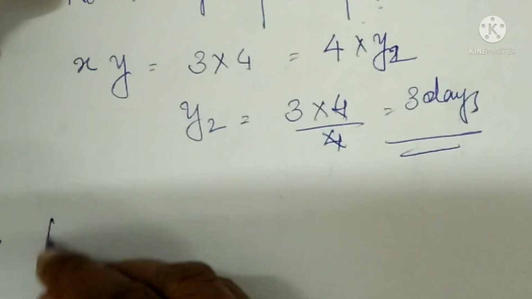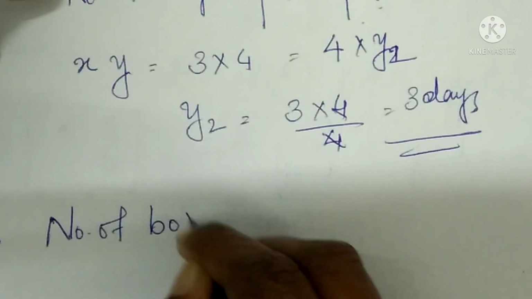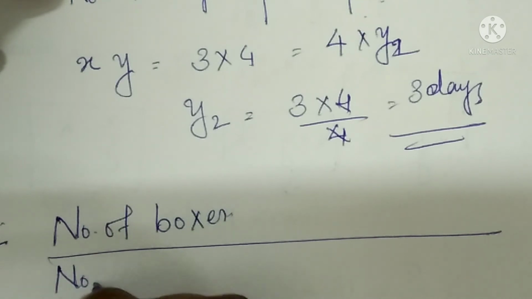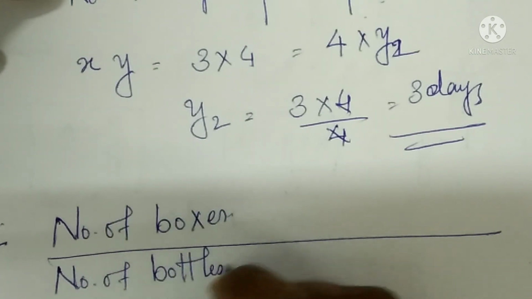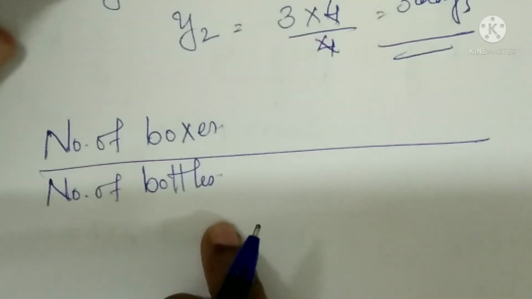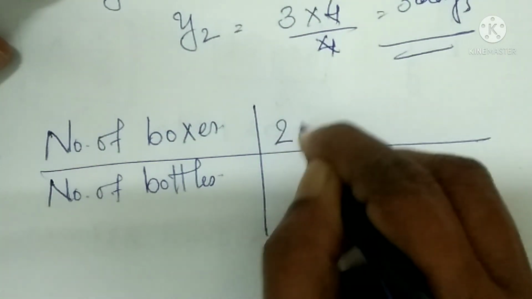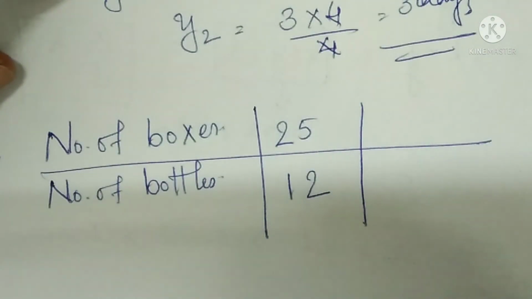Okay. So first we will have number of boxes and number of bottles in one box, right? A batch of bottles were packed in 25 boxes with 12 bottles in each.